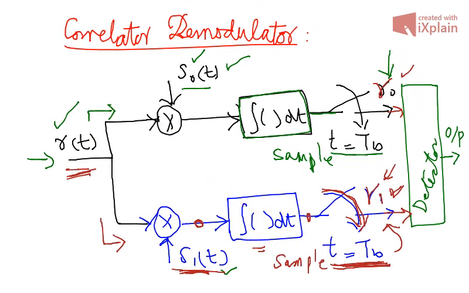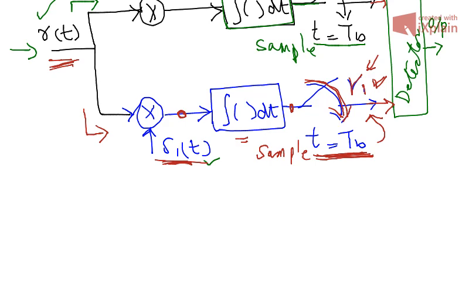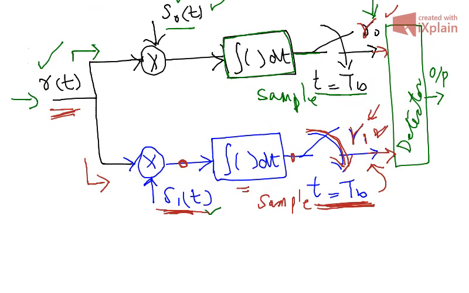So how does the detector analyze these two values? It has two values now, r0 and r1, and it compares them.